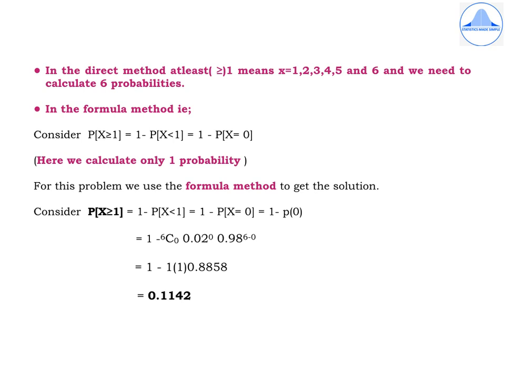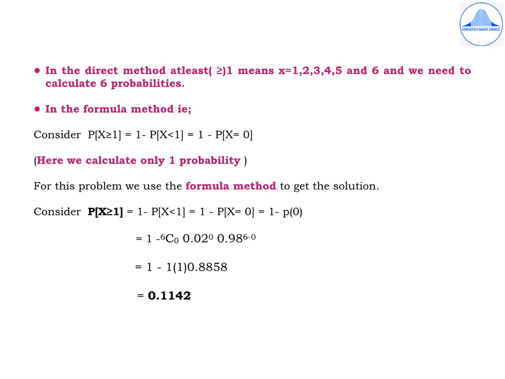The formula method is probability of x greater than or equal to 1 is 1 minus probability of x less than 1, and the value which is less than 1 is 0. So the equation reduces to 1 minus probability of x equal to 0. If I use the formula method, I'll need to calculate only one probability. So for this problem, we'll use the formula method to get the solution.